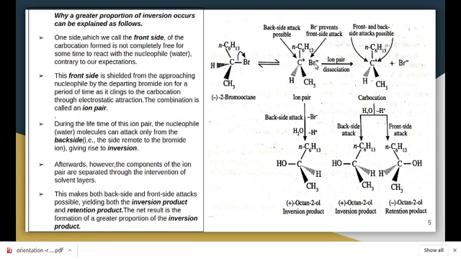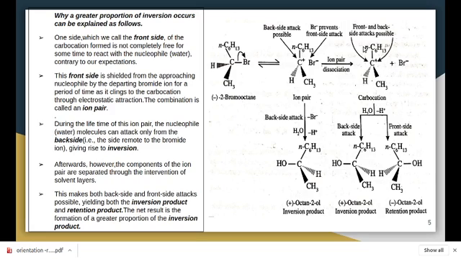First we will get the ion pair with the leaving group. Then after the solvent molecules interfere, the ion pair will dissociate. Then we will get a free carbocation. Then the leaving group will move away.